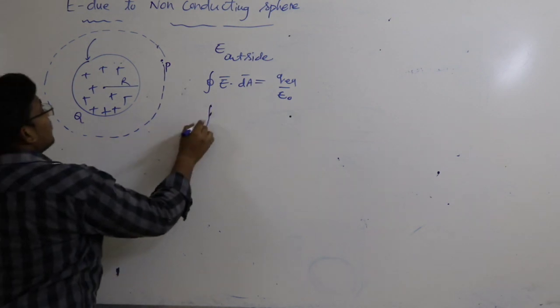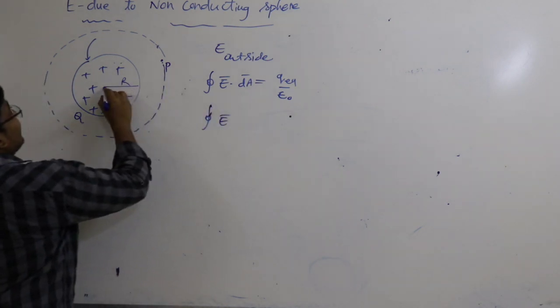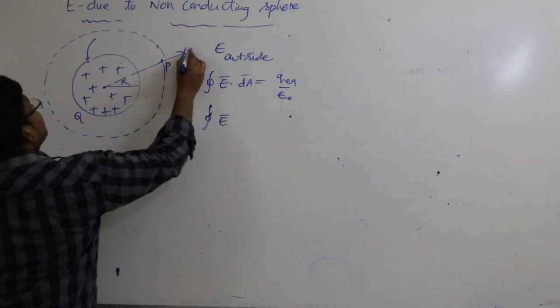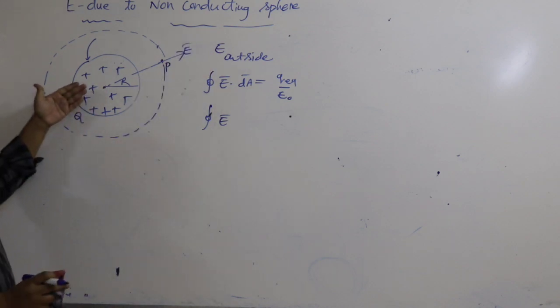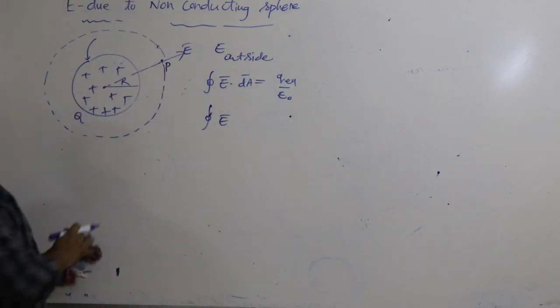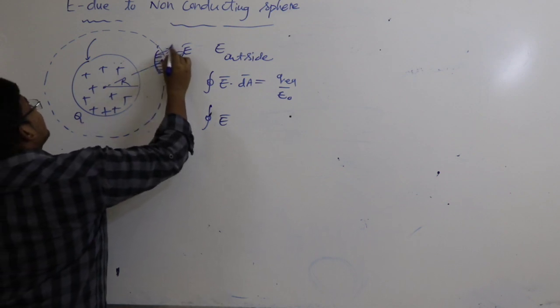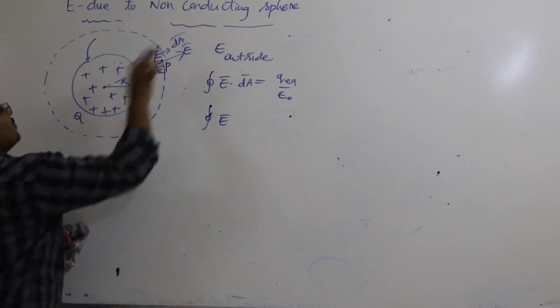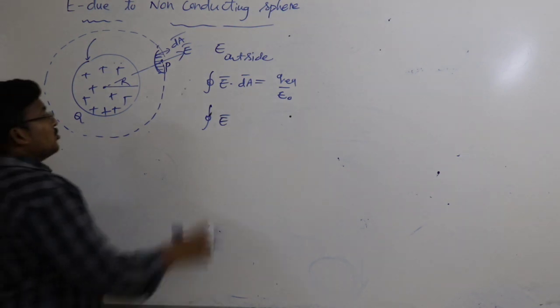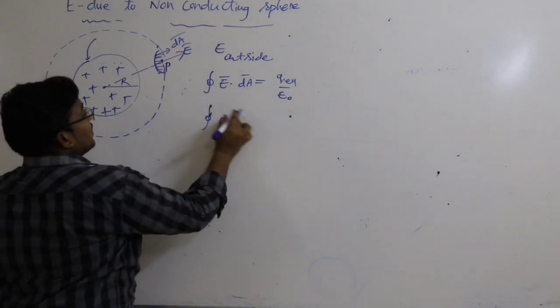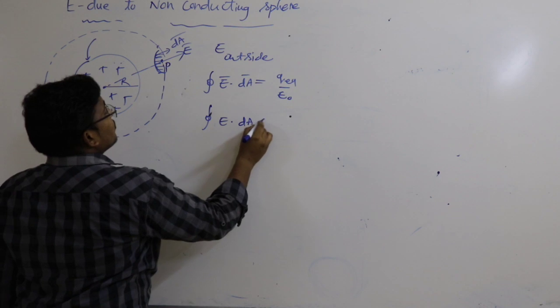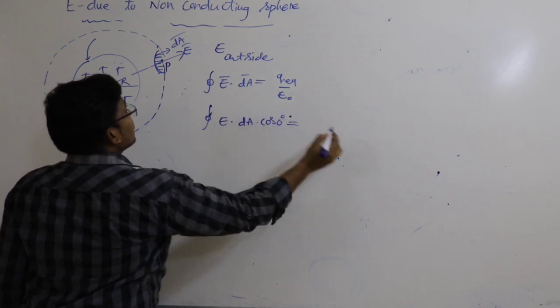Now, E at this point P will be directed away, because this is positive charge, so the electric field is away. And if you take some small element here, that area vector is also in the same direction, so the angle will be 0. So the dot product will be E dA cos 0 degrees.